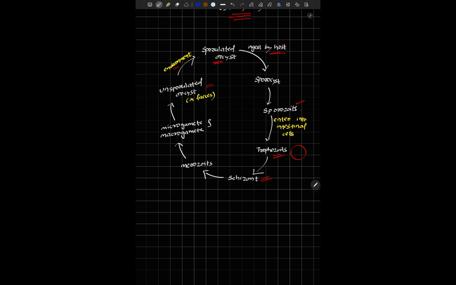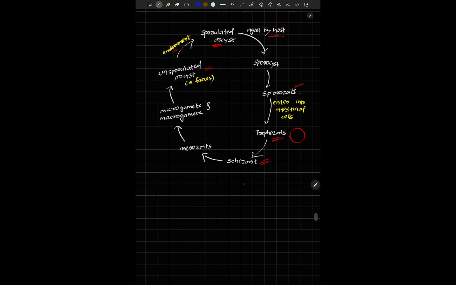What is schizogony? If a cell is there and its nucleus is divided into many numbers, this is the cell and these are the nuclei. This stage is called a schizont.